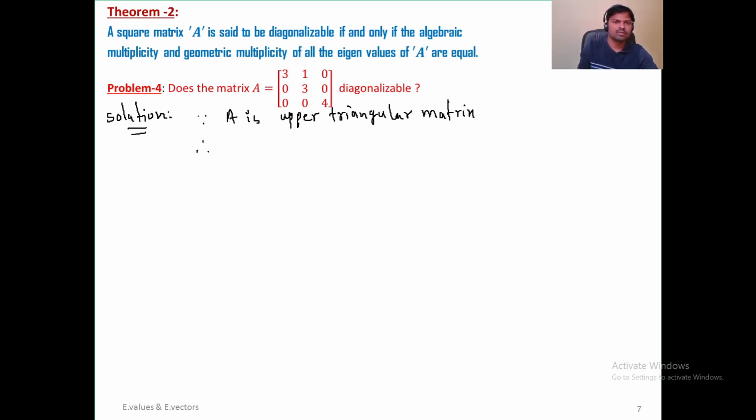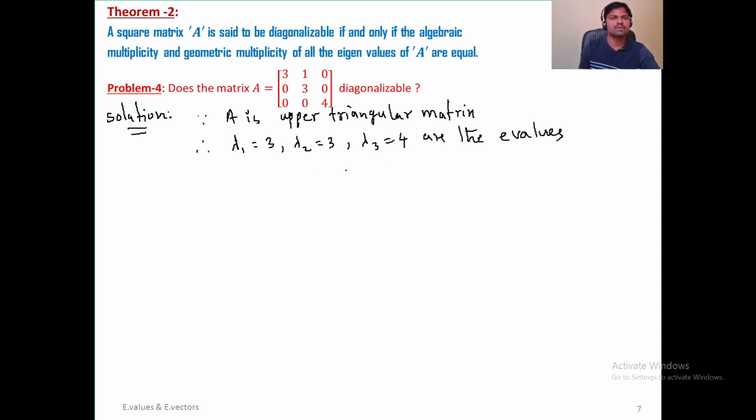So therefore, lambda 1 is equal to 3, lambda 2 is equal to 3, and lambda 3 is equal to 4 are the eigenvalues.